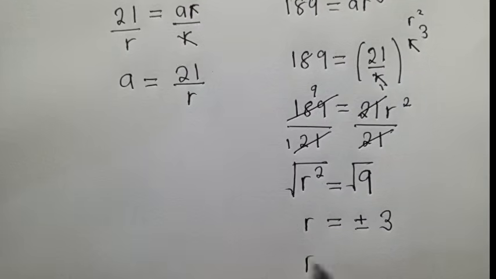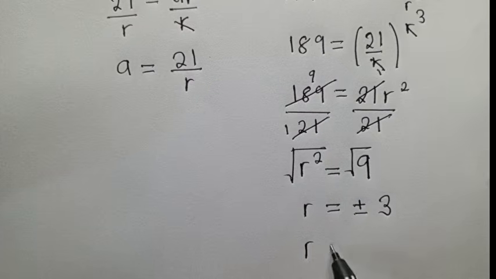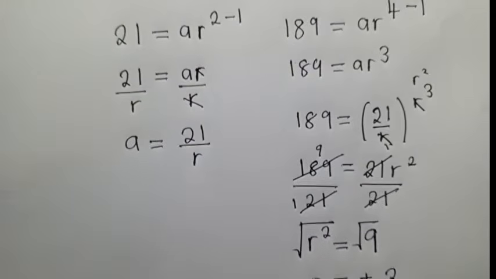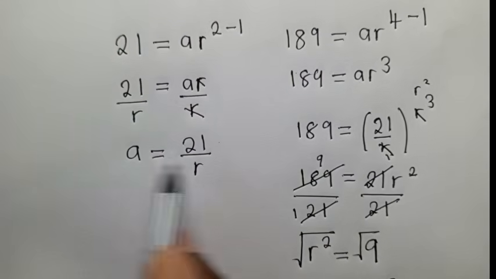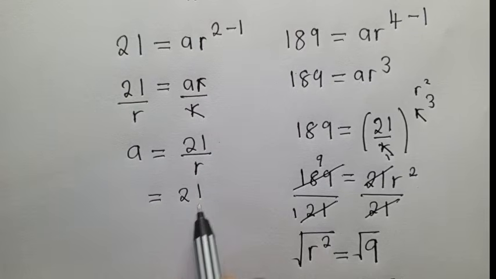But when we look at our sequence, they said the second term is 21 while the fourth is 189, so we're dealing with positives. We get R equal to positive 3. That's our common ratio. For our first term, we come back to this point: A times R equals 21.